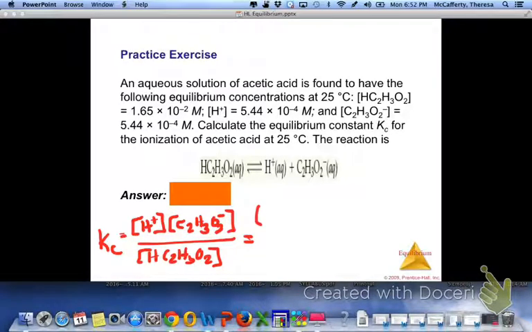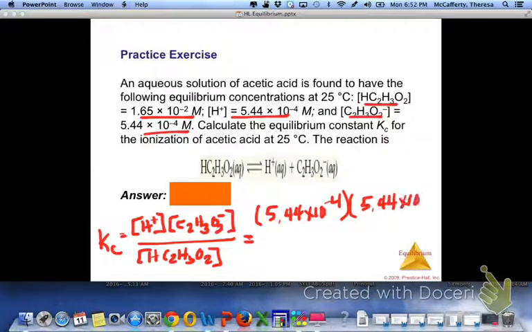Plugging in the numbers that are given up here, 5.44 times 10 to the negative 4th. For my acetate ion, same thing, 5.44 times 10 to the negative 4th, over the concentration of the acid, 1.65 times 10 to the negative 2nd.